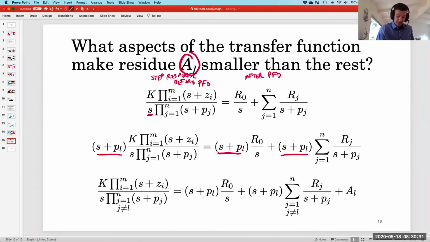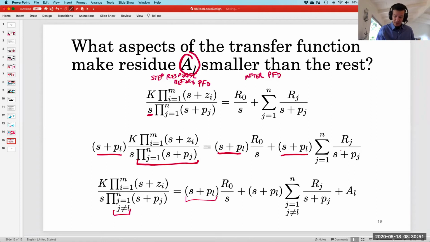And what can we do here? Well, in the denominator, one of these terms will be S plus P sub L, and so we'll get cancellation with that. So that's why I'm excluding L from this product in the next line. No cancellation here, so that S plus P sub L just hangs out.